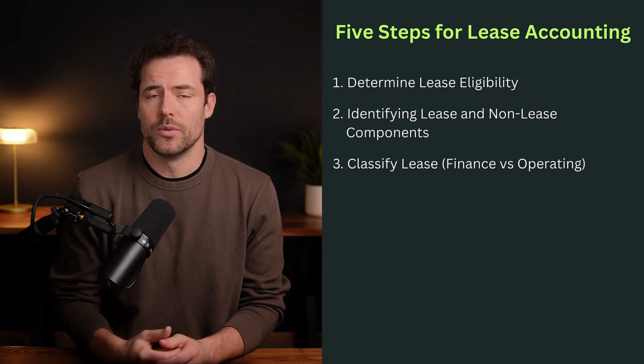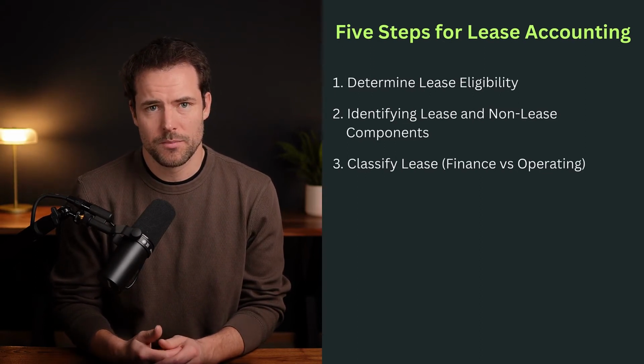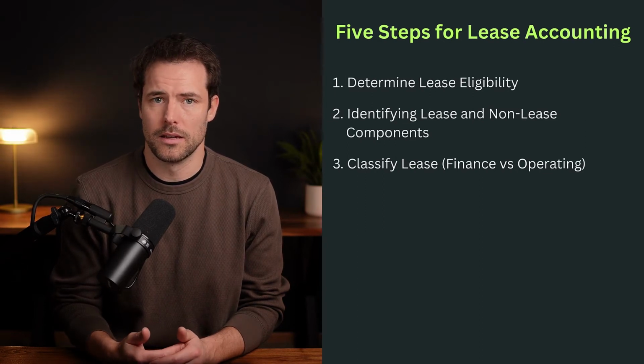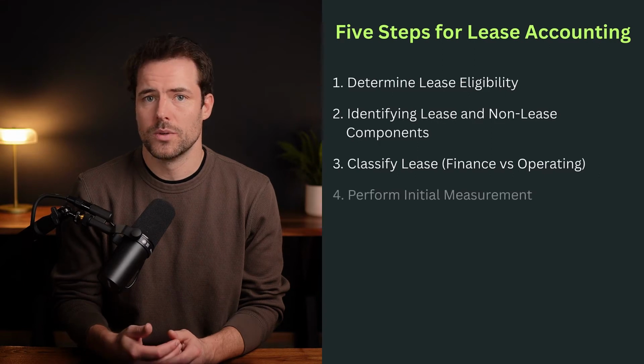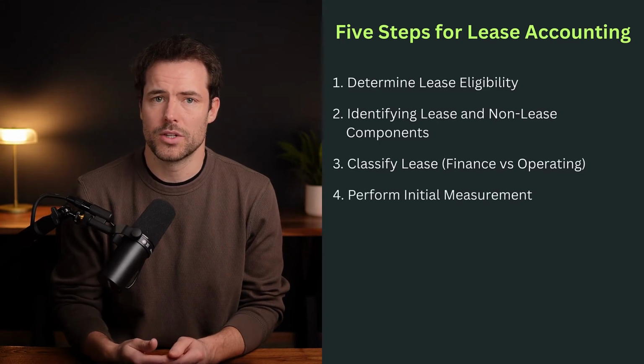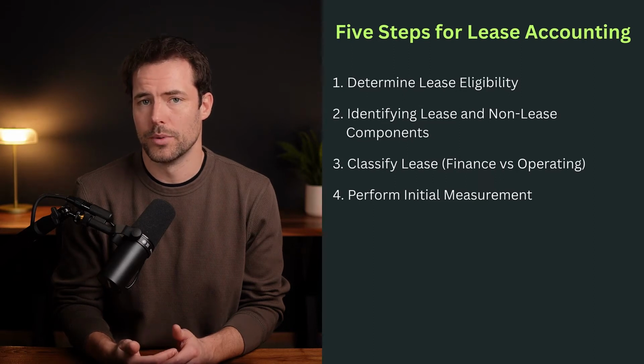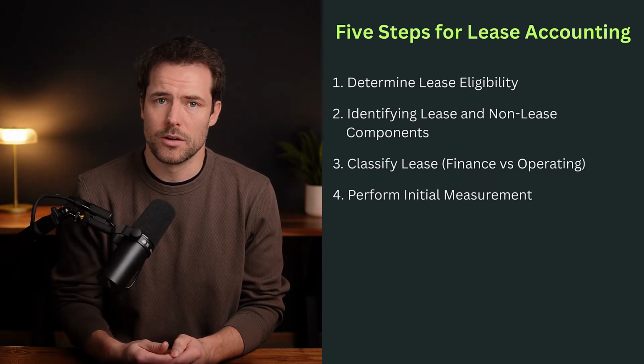Now, once we've gone through these 3 steps, it's time to start doing some math and determining journal entries to accurately record the lease in our accounting records. So in the 4th step, we'll perform the initial measurement and record the opening asset and liability on our books. And you've now heard this term a few times.